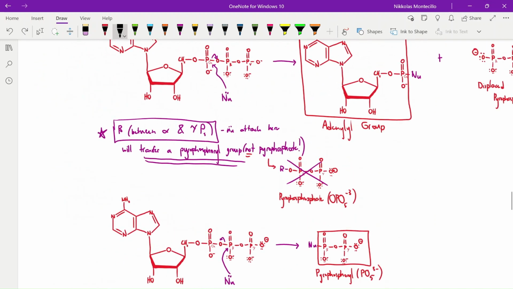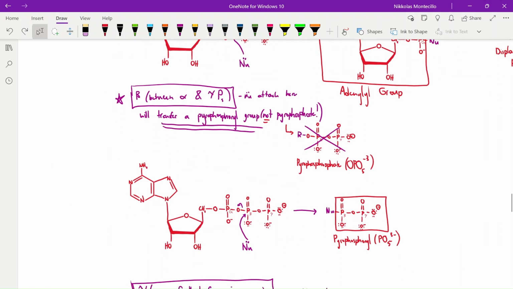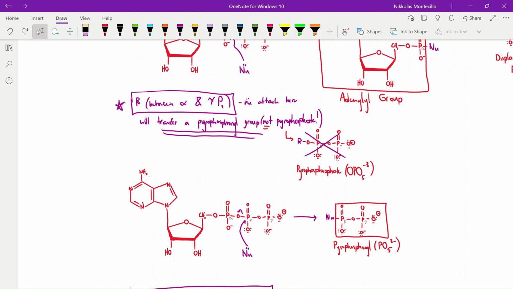But yeah, essentially, you guys can see what I mean with the visuals that I've portrayed here. The pyrophosphoryl group includes the two phosphoryl groups, excluding the oxygen atom here. If it included the oxygen atom here, then this would be considered a pyrophosphate group.